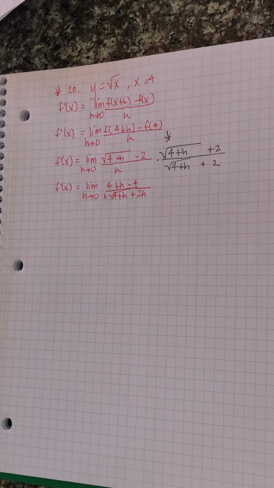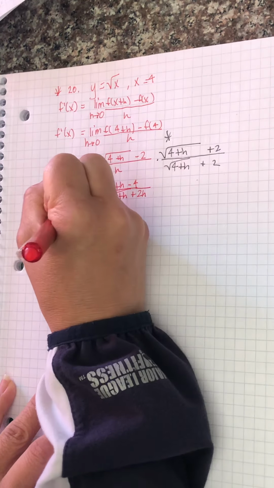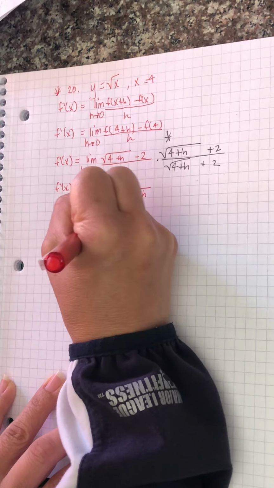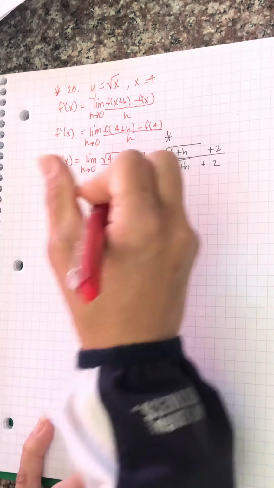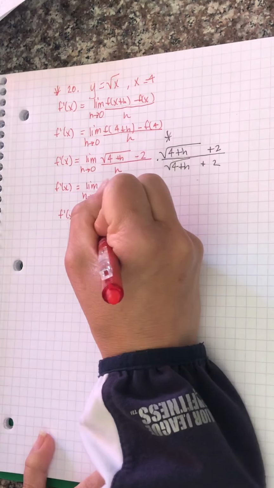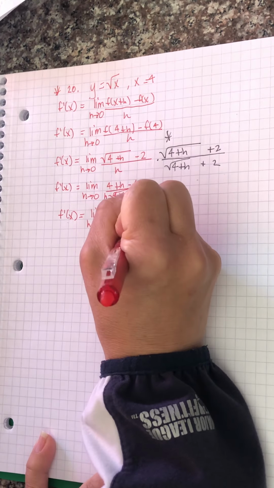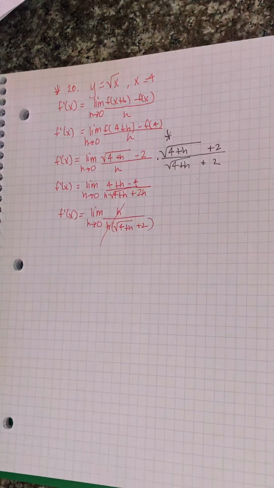And you know what? I shouldn't have distributed. Oh well, it'll all work out in the long run. So you get f prime of x is equal to the limit as h approaches 0 of h over, I'm going to undistribute, h times root 4 plus h plus 2.